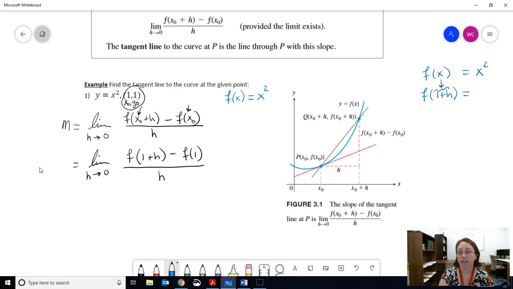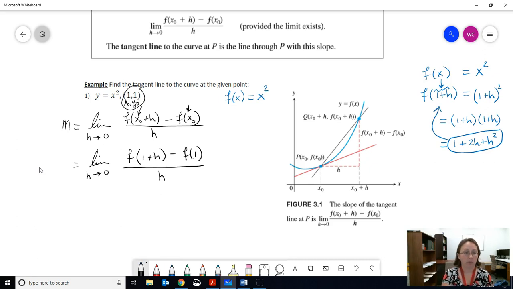Wherever I see an x, I put 1 plus h. Notice I'm putting parentheses because all of that is going in for the x, so all of that has to be squared. What does it mean when you have parentheses squared? Parenthesis times itself. So 1 plus h times 1 plus h, FOIL it out, is 1 plus 2h plus h squared. This is what we're going to plug in for f of 1 plus h.